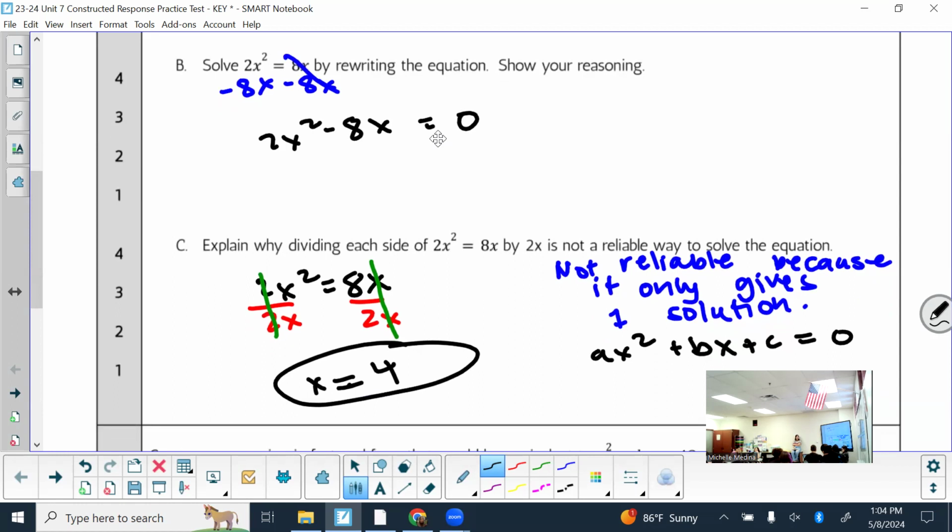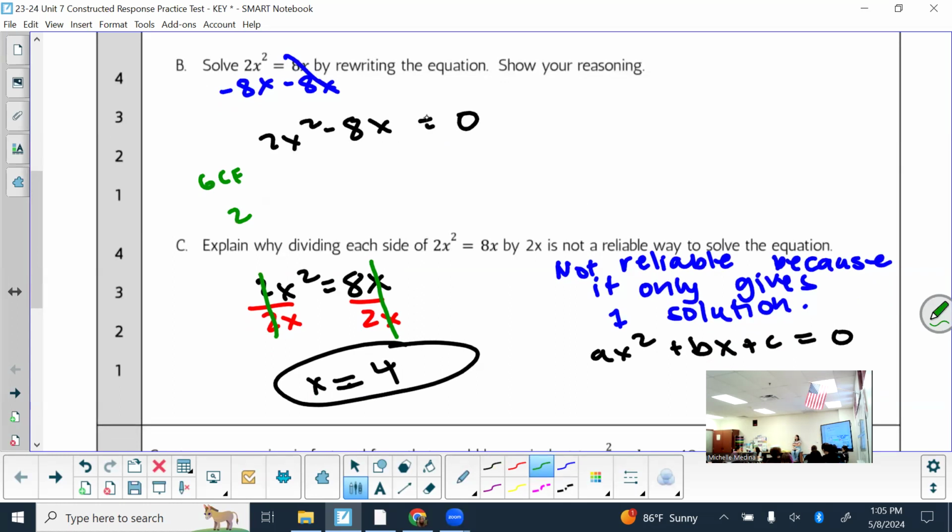So when you factor, you always check for what first? A GCF. Which GCF between 2 and 8? And then is there a GCF between the variables? Do they both have an x? Yes, there is.